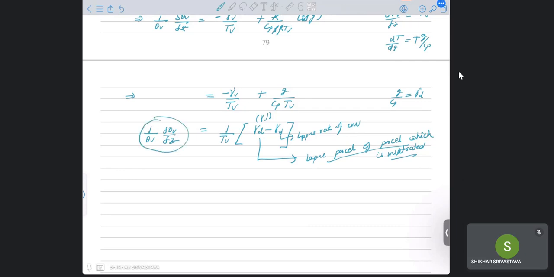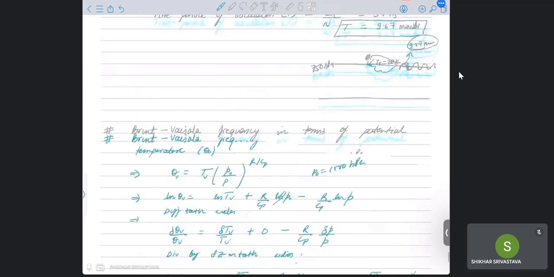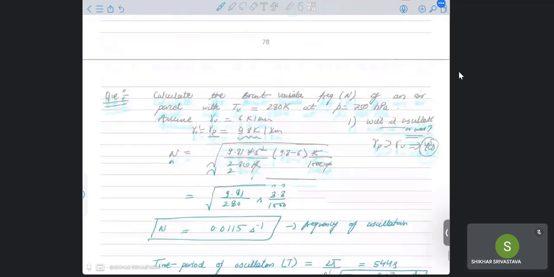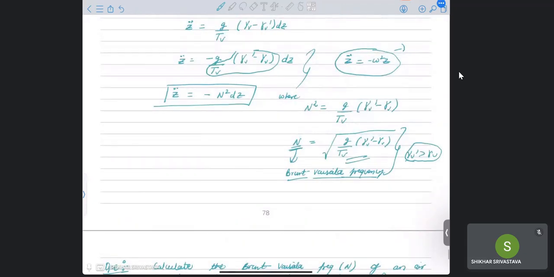Initially what your N square was, was g upon TV times gamma V dash minus gamma V. This is what your N square was.